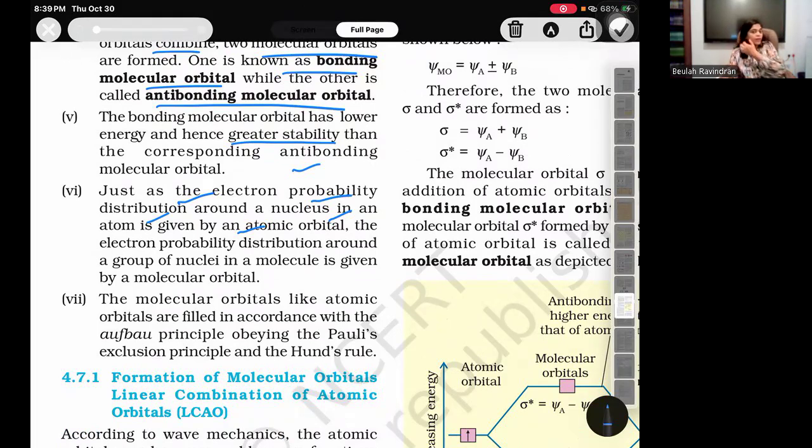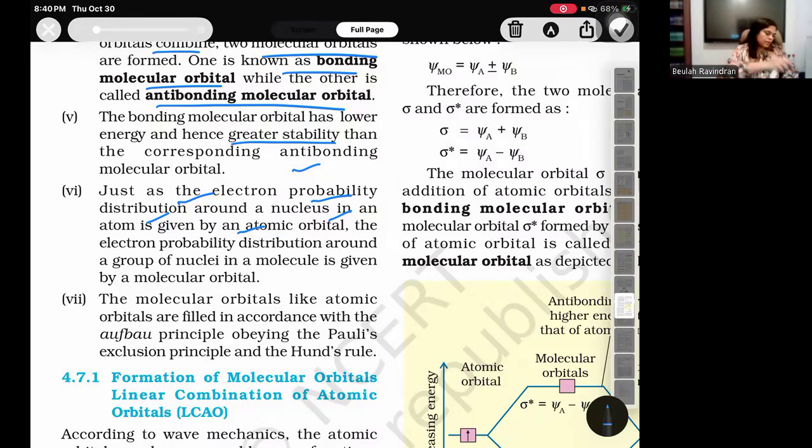So the electron distribution around the nucleus is the orbital. Like that, the electron distribution around various nuclei or a group of nuclei in a molecule is called the molecular orbital.